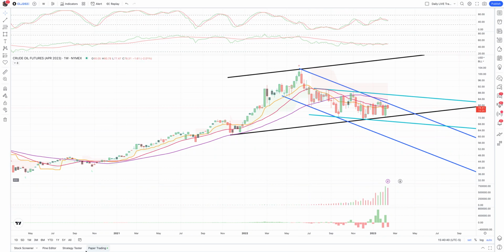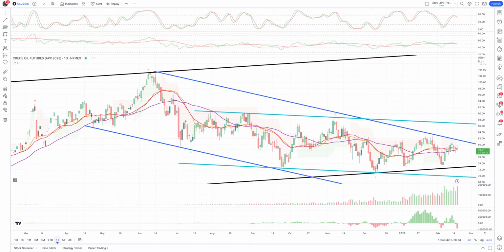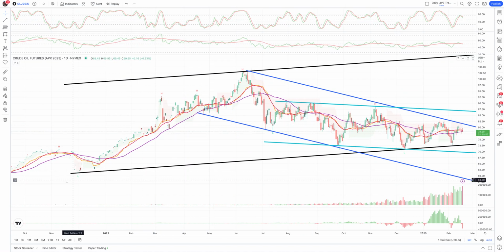So this is a weekly chart. Now we're going to dial it into a daily chart. So same amount of data, just adjusted accordingly for a daily time frame. So we can say that we captured this big price window pretty accurately, and we captured this blue channel structure pretty accurately, and I think we captured the teal structure pretty accurately.